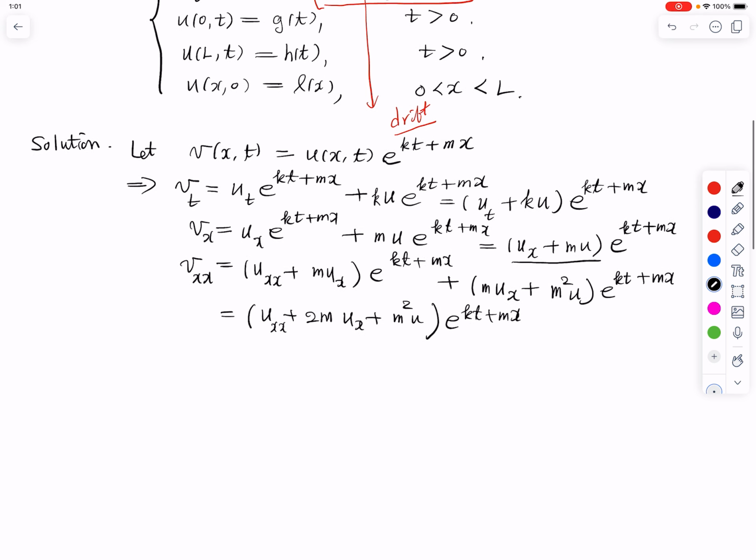And I'm going to subtract this equation from the previous one.